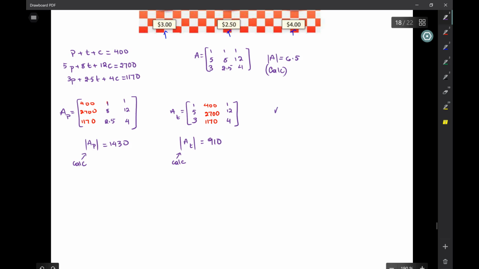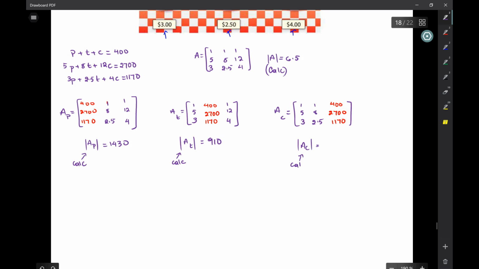Okay. And then A sub C. The first two columns remain the same, and then I plug the coefficients in the last column. The determinant, I plugged it in my calculator.